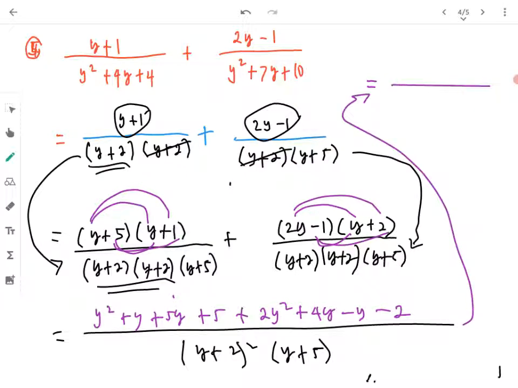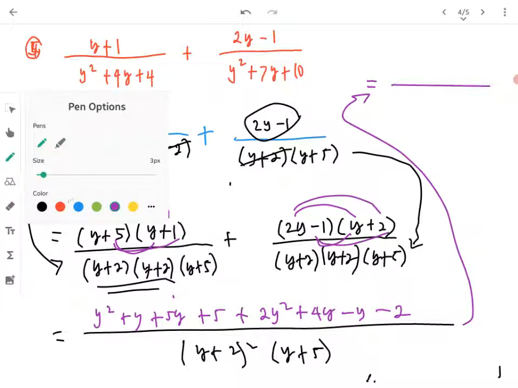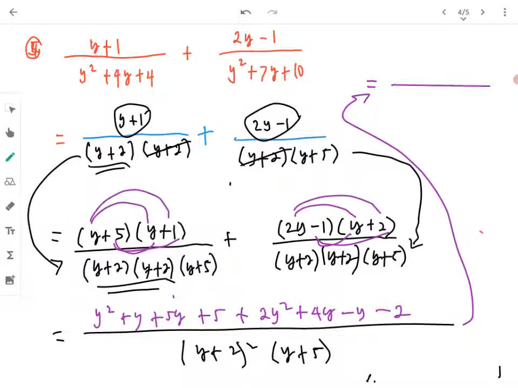Combining all those the same terms, we'll have y squared and 2y squared. That will give us 3y squared. Notice that this becomes 6y, then plus another 4y, that becomes 10y, then minus y.